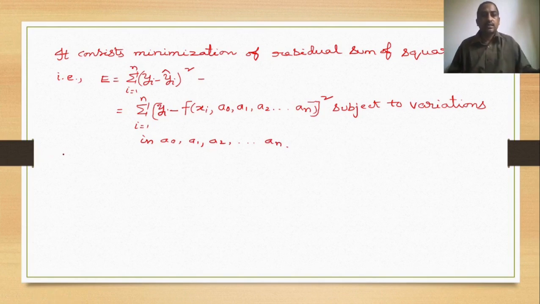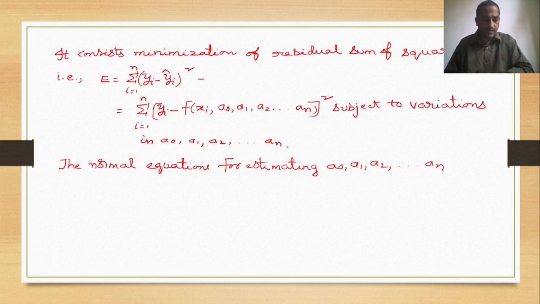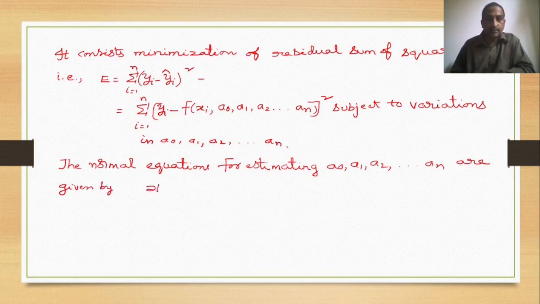So the normal equations for estimating a0, a1, a2, so on an are given by dou E by dou ai equals 0, for i equals 1 to n.